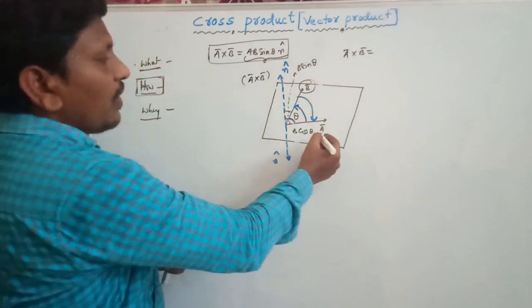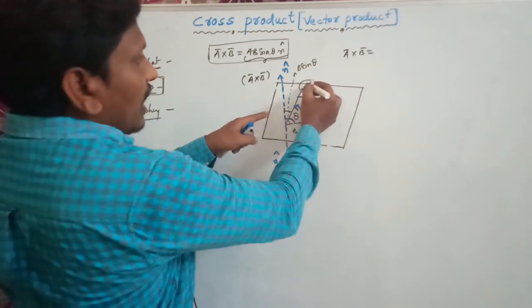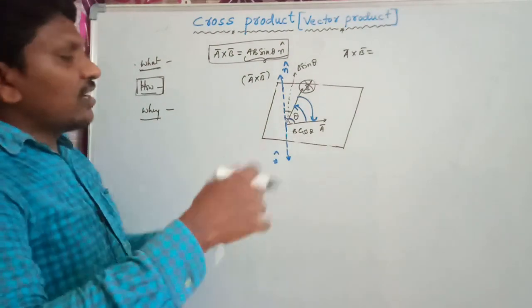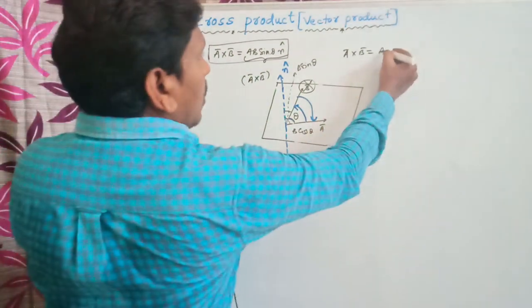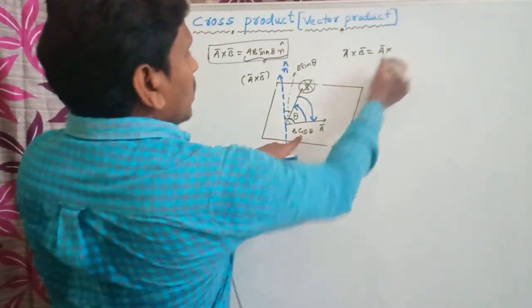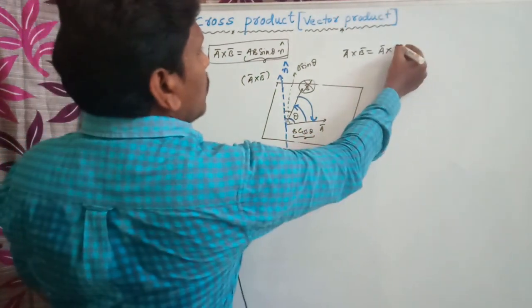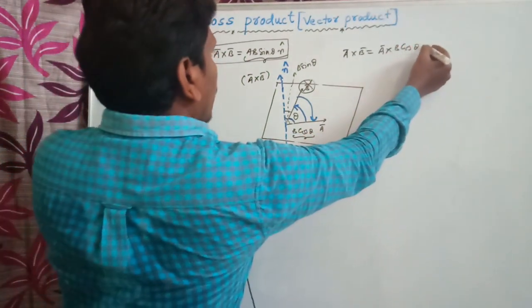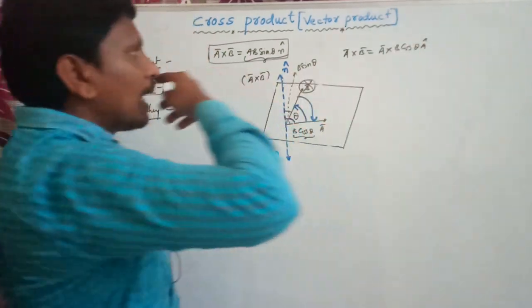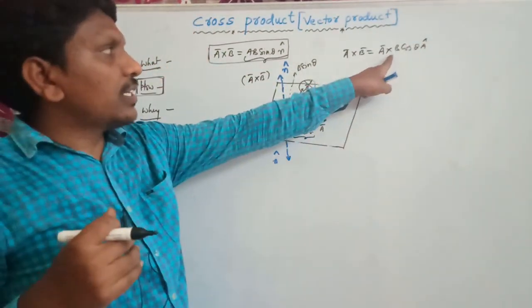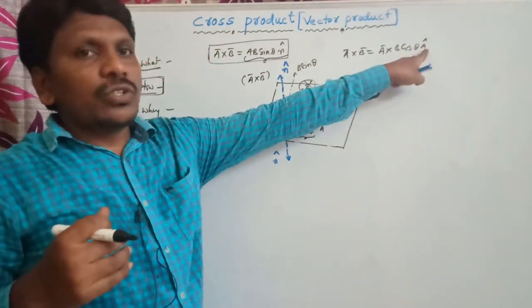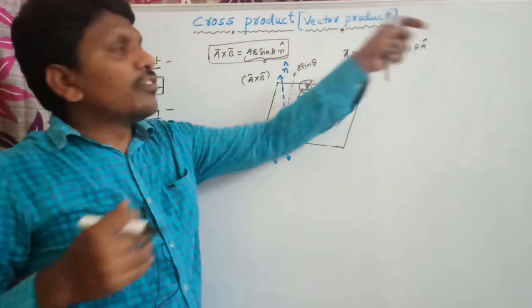So then B bar vector is resolved. I am taking A bar cross, this is a component, that is B cos theta into A cap. Why should I take A cap? Because there is a cross product.